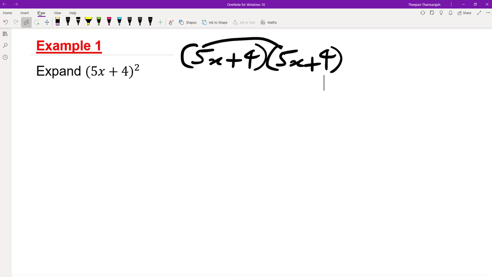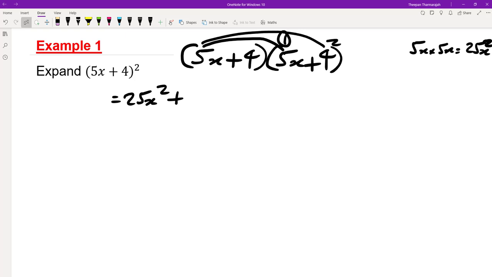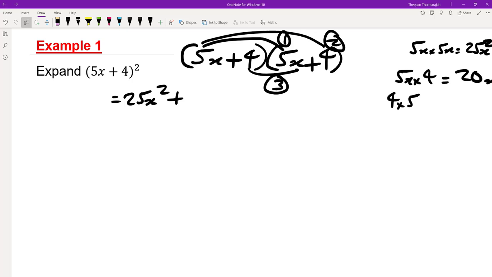So we know our first step, we're going to do 5x times 5x, which is 25x squared. So we've got 25x squared there. Then we're going to do the second step, 5x times 4, which is 20x, 4 times 5x for the third step, which will also give us 20x.